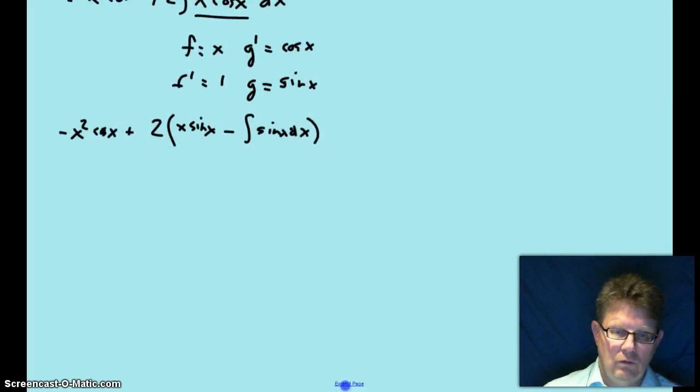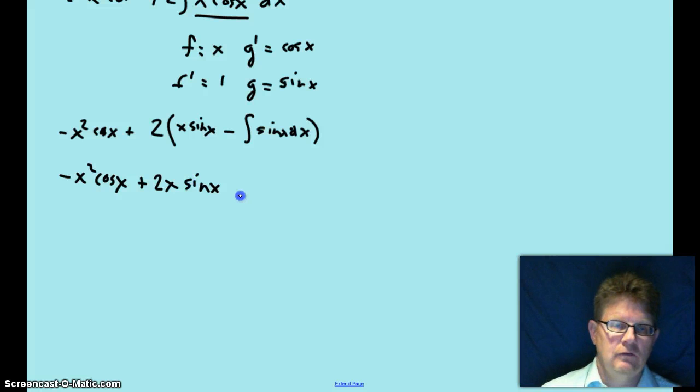So let's extend one more time. Negative x squared cosine of x plus 2x sine x minus 2. Okay, the antiderivative is negative cosine, so we'll say plus cosine of x plus an arbitrary constant.